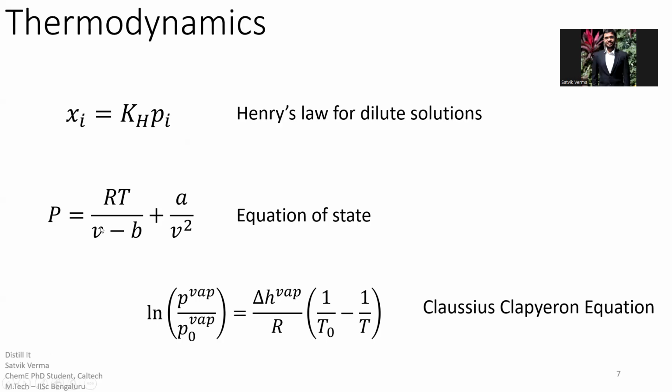So now what happens? Volume is constant, pressure is varying, temperature is varying. So you see, this can be written as P equals R upon V minus B times T plus A by V square. So this equation is a linear equation in temperature. From there, you can get beta naught, which is A by V square.